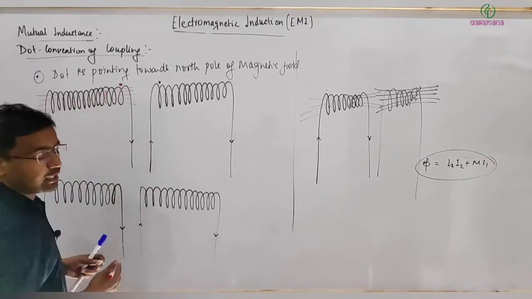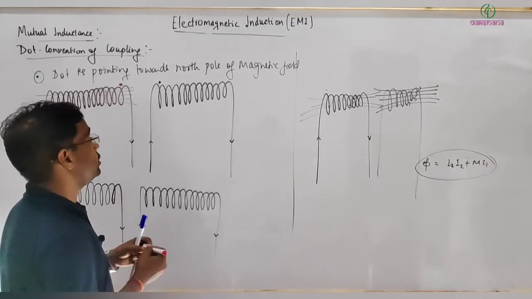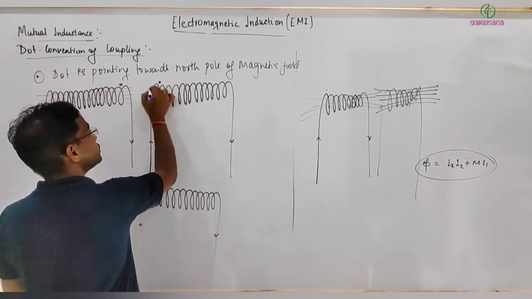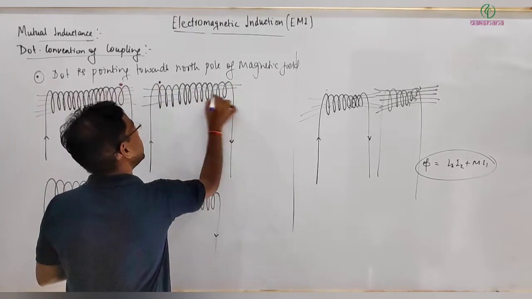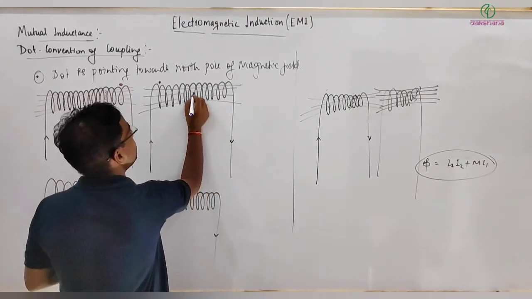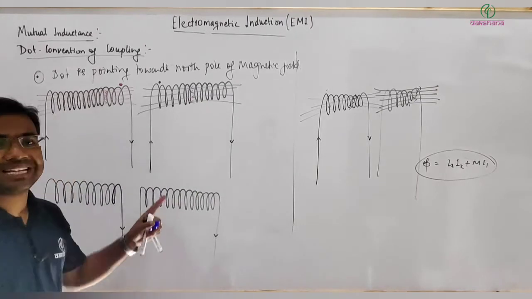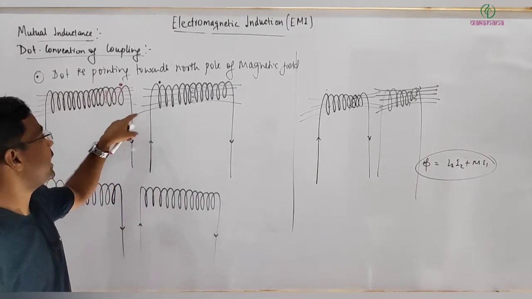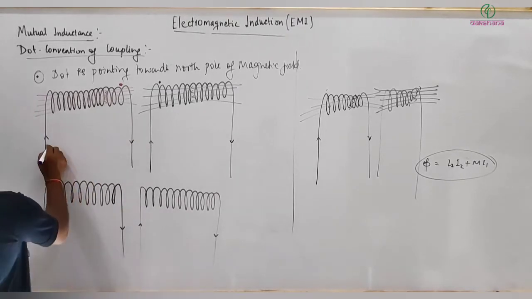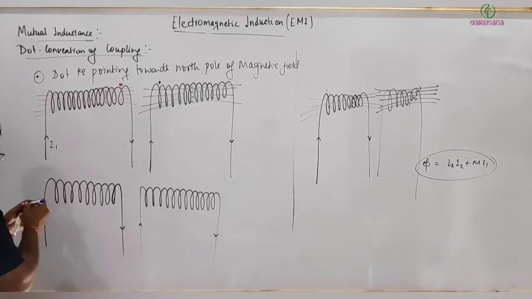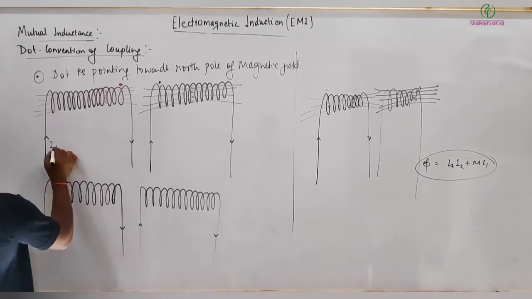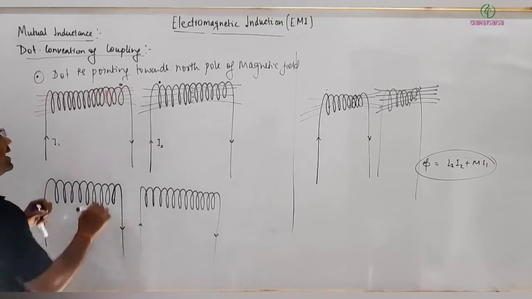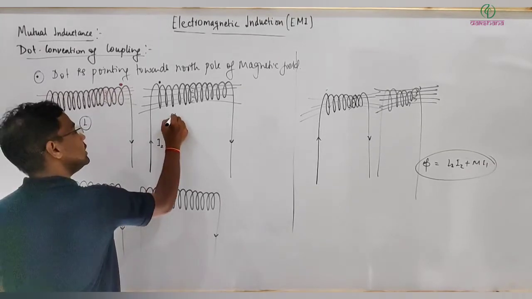And the magnetic field lines due to the current in coil 2, because here the north pole dot is here, will be pointing this way. Is it clear? Now you can see it's definitely clear that they are in opposite direction. So this is current I1 and this is current I2, and this is coil 1 and this is coil 2.